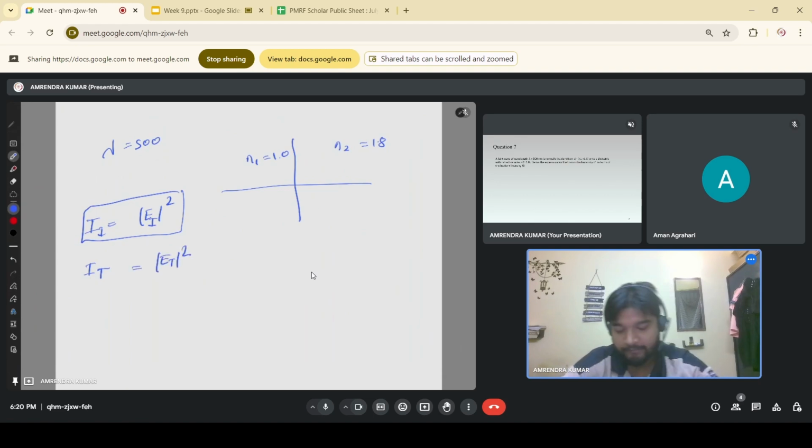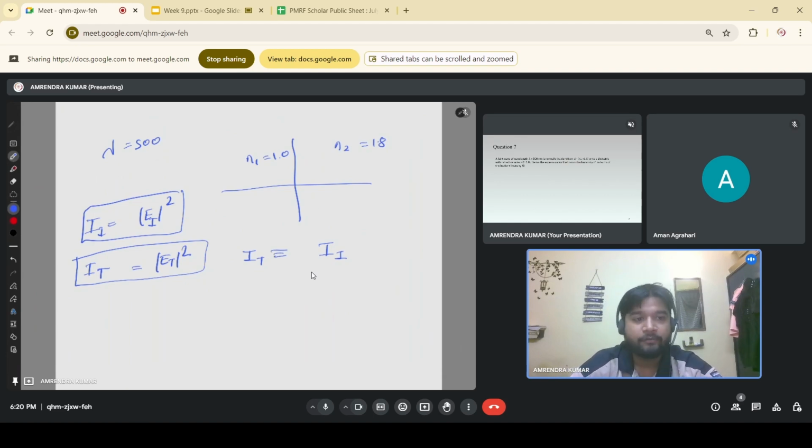What we want to do is calculate IT in terms of II somehow.